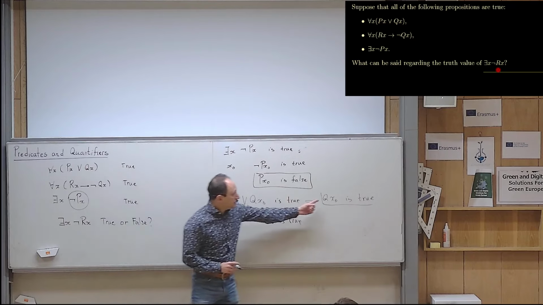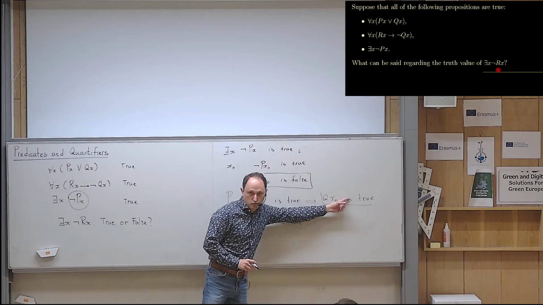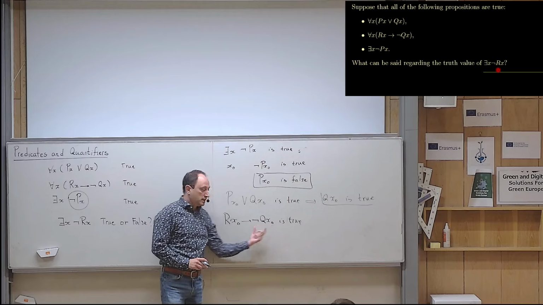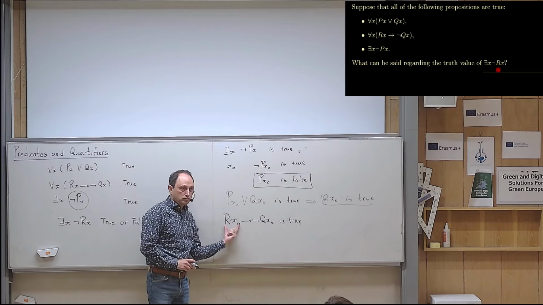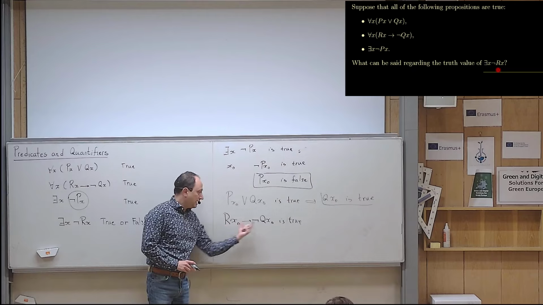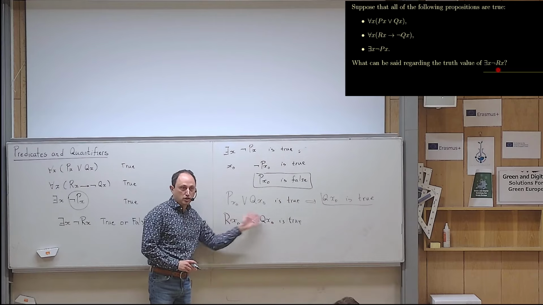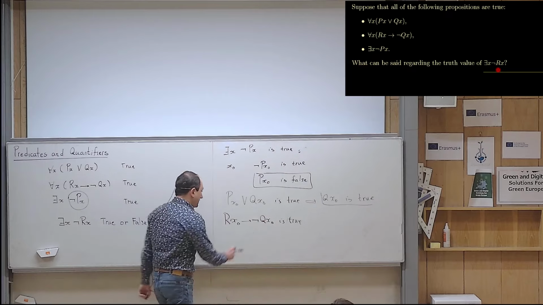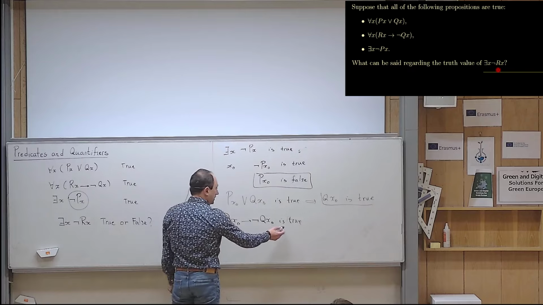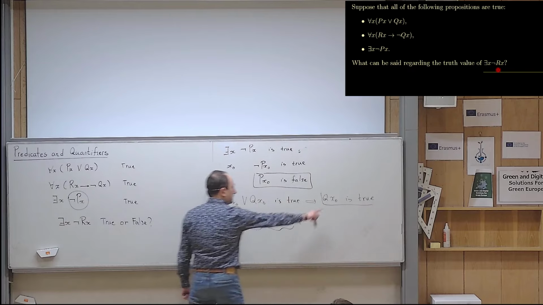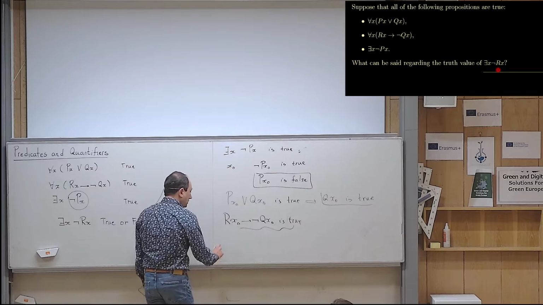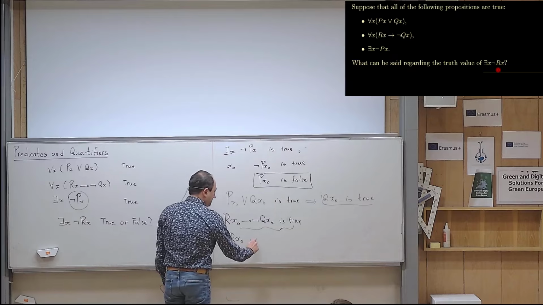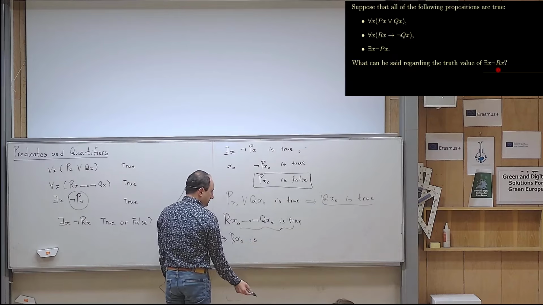You see, Q of x naught is true. So this means this part is false. So can this be true? No, because if this is true and this is false, the conditional is false, but I want to have it true. So this means that what can I conclude? This one, together with this one, I can conclude that R of x naught is what? Is false.